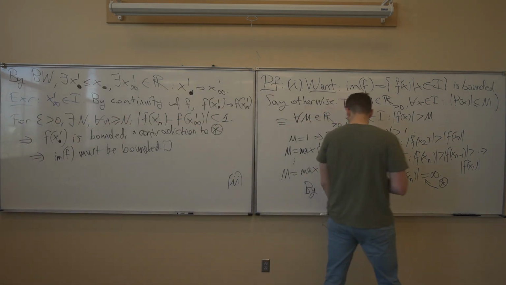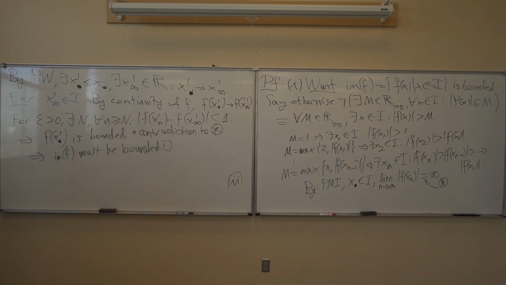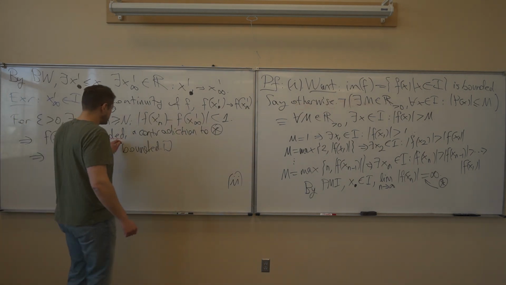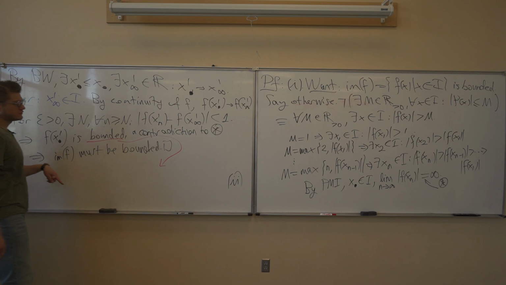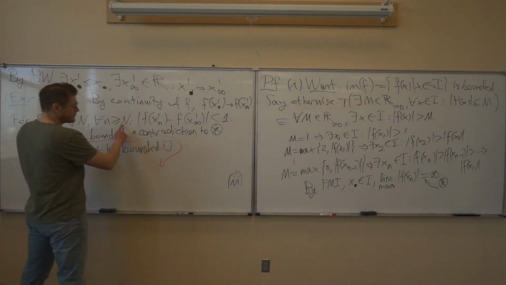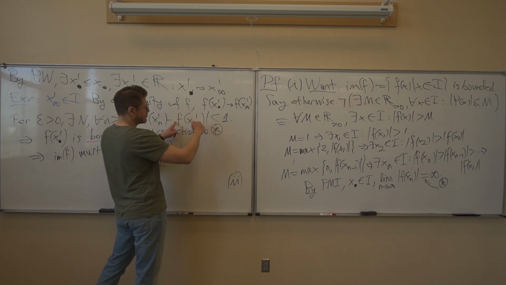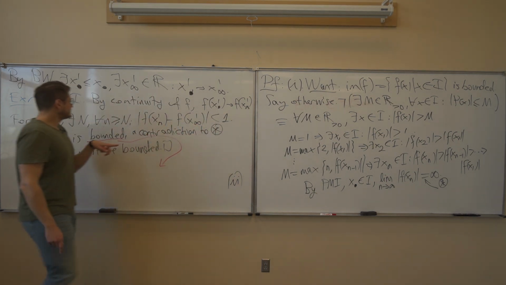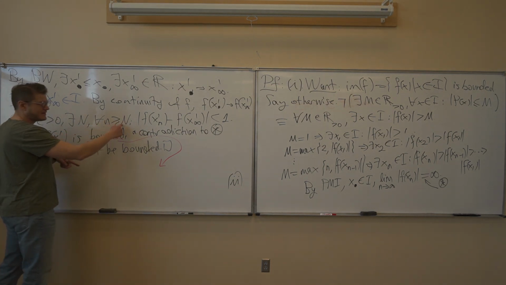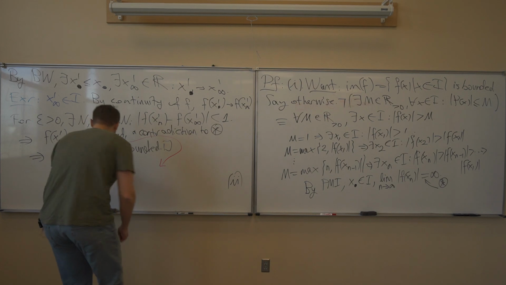If you want, you can even be more explicit. What is this bound? You can explicitly say. Well, if you want to bound this, after capital N, this is at most f of x prime infinity plus 1. Okay? But then before capital N, I have only finitely many terms, so I can take the max of that as well. So I can say this.